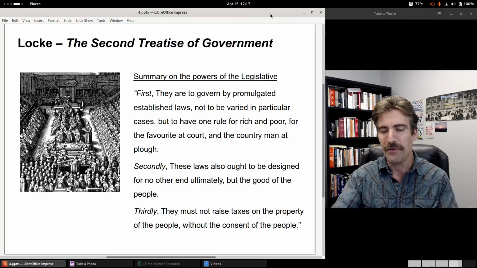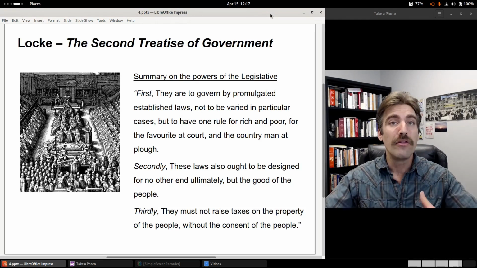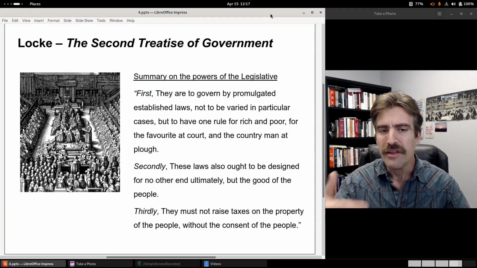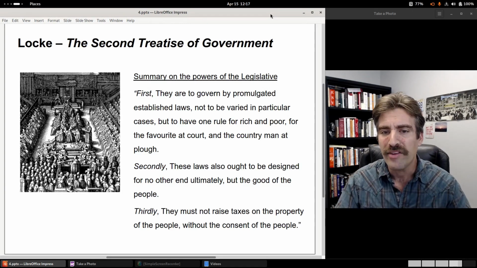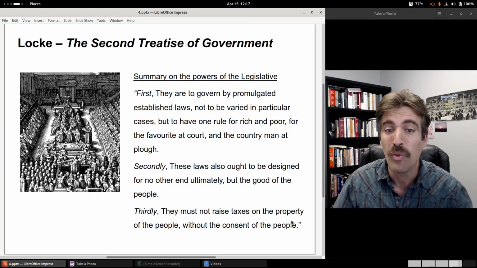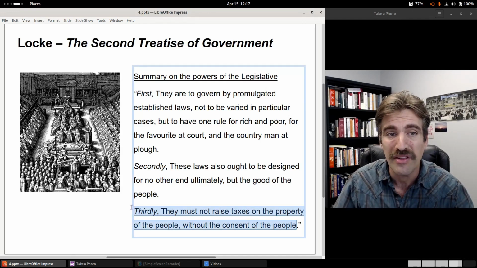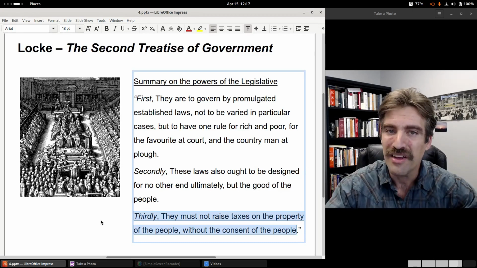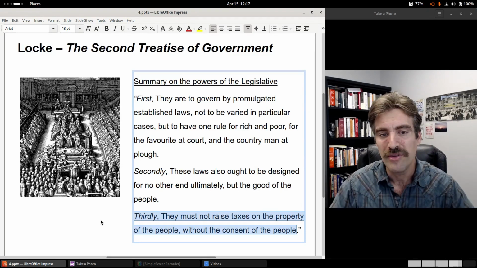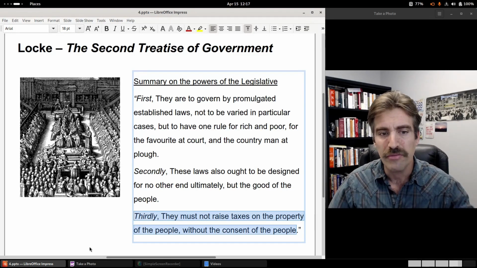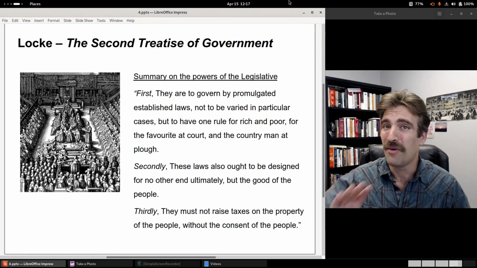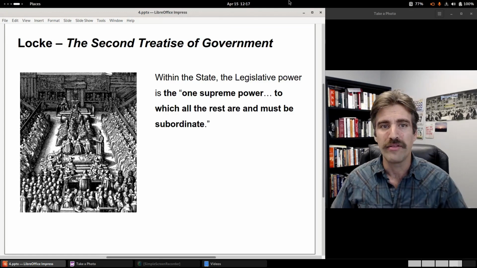And the good of the people would be interpreted through the law of nature. Thirdly, they must not raise taxes on the property of the people without the consent of the people. These are the three stipulations that Locke places there. Again, you can see why the colonists took such great exception to the Stamp Act. Taxes must only be raised with the consent of the people, or else you have no true property rights.